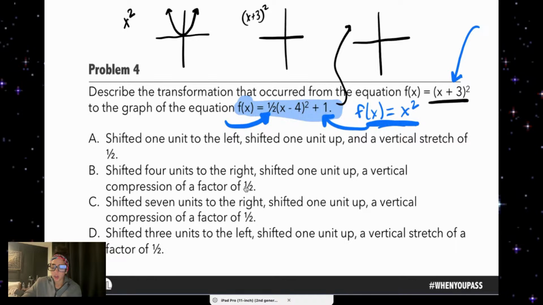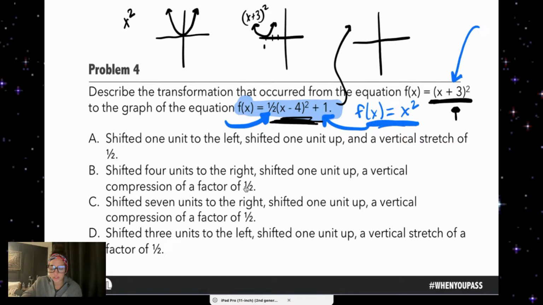My original graph that they gave me is (x plus 3) squared. Well, I know that an internal transformation moves me right or left because it's right next to the x. And I'm going to go in the opposite direction of what I think. So plus is going to be negative. So I'm going to move this graph 3 units to the left. That means this graph right here is shifted how?